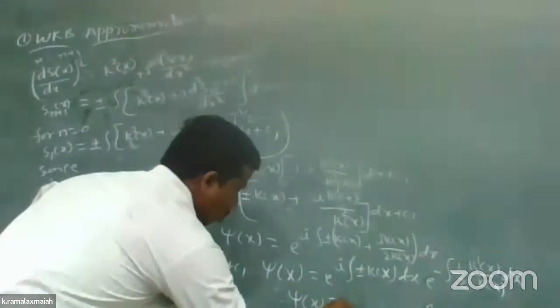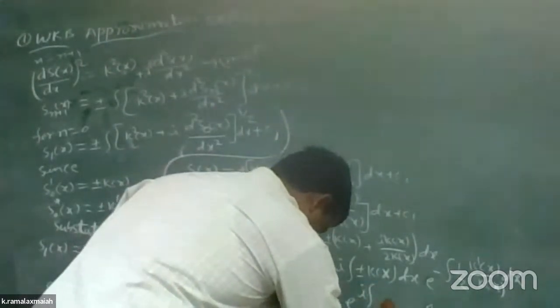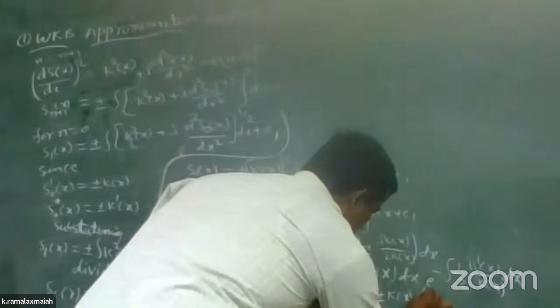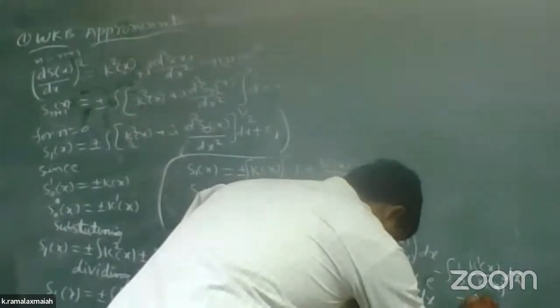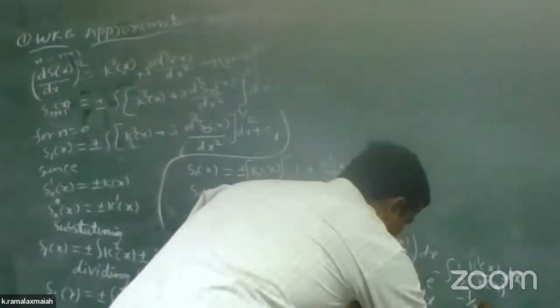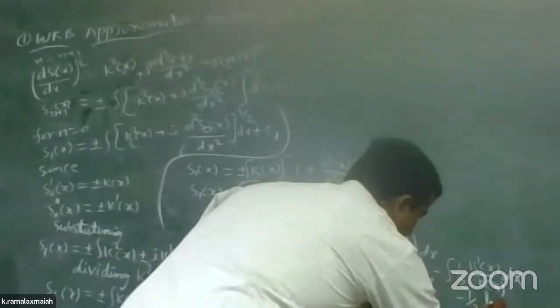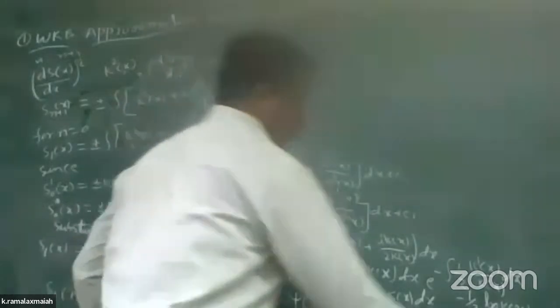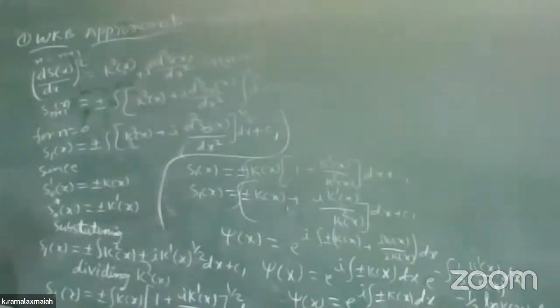J of x is equal to e power of i real of plus or minus integral of k of x dx into e power of minus 1 by 2 ln k of x.